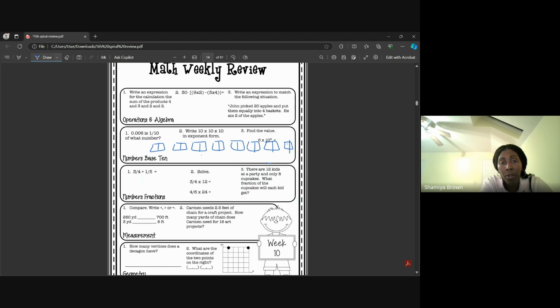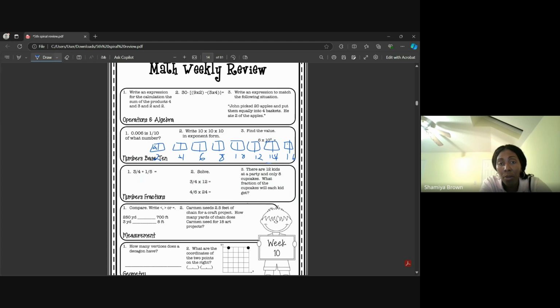So I have 2 halves right here. 2, 4, 6, 8, 10, 12, 14, 16. So each friend can get a half. So 1/2 each kid.